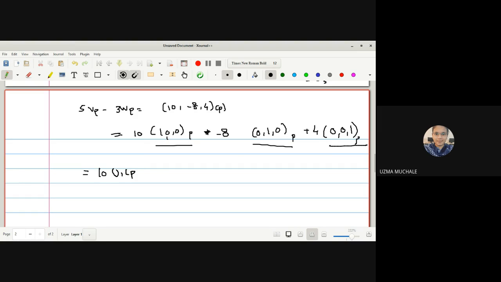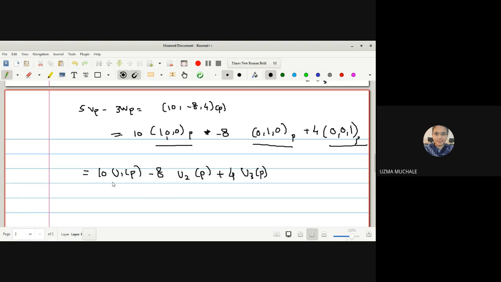So this is u1 at P minus 8 u2 at P plus 4 times u3 at a point P. Now we have written this as a linear combination of u1, u2 and u3.